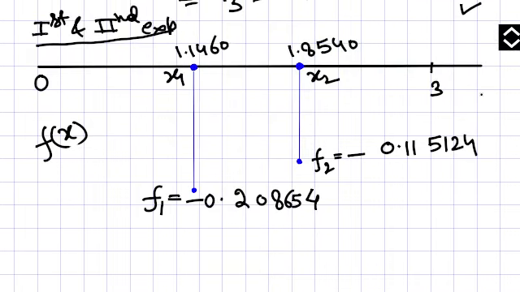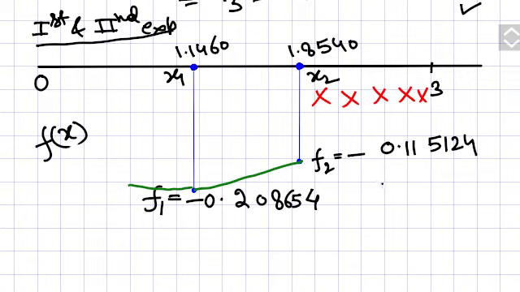So now you can very well guess where our minimum will lie. If the function is going like this, then the minimum will be somewhere here. So we can say that we can remove this area, it is of no use to us. We will concentrate our attention in this area.